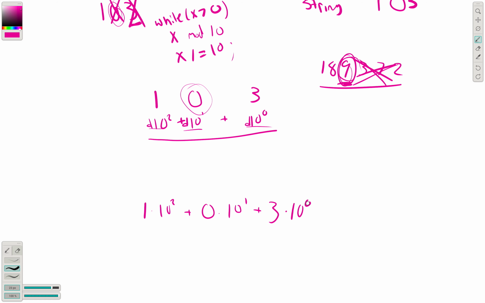I'm not going to write that last term out because that's just 1, okay? So when you mod 10, I'm going to represent this number as a sum. Any part of this sum that is divisible by 10 turns to 0. That's modulus.